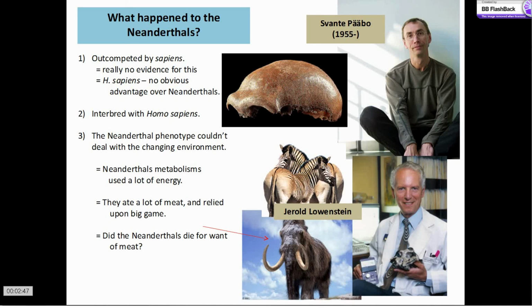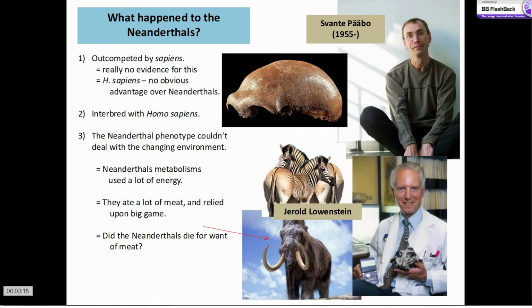The Neanderthal phenotype probably could not deal with a changing environment. So this period of time, we're talking 70, 60, 50,000 years ago, 40,000 years ago, was a period of climatic change in Europe where the Neanderthals originated. Neanderthals had very high demand metabolisms.